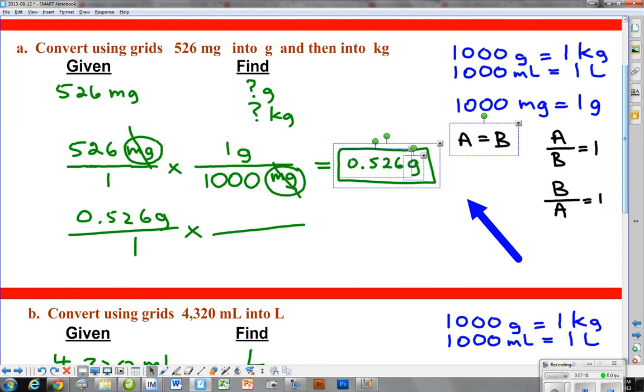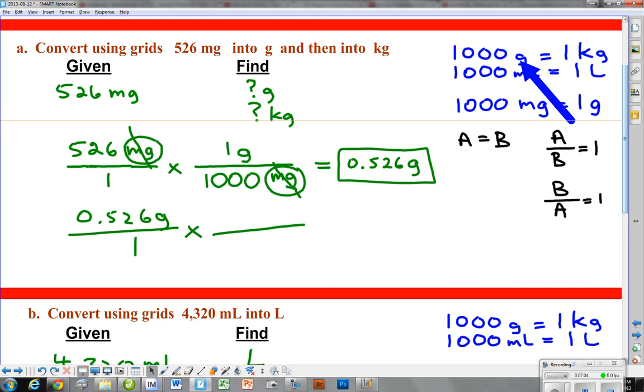The given was grams. So, do I have an equality up here that takes me from grams to kilograms? There it is. Wow. Okay. Grams on one side, kilos on the other.